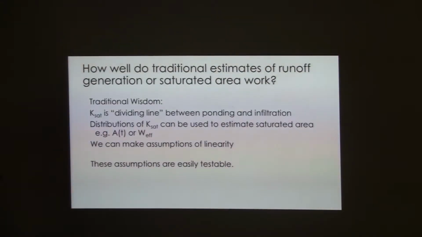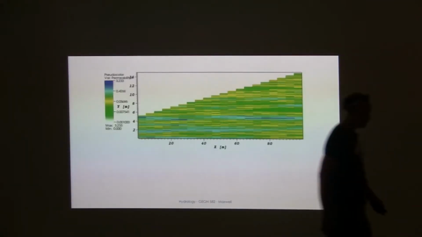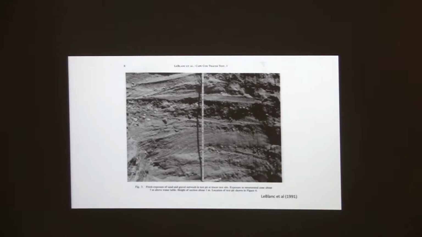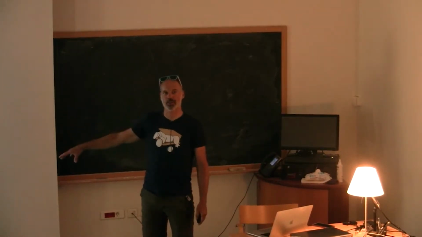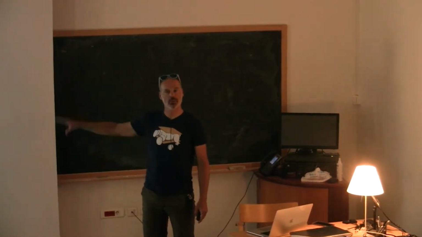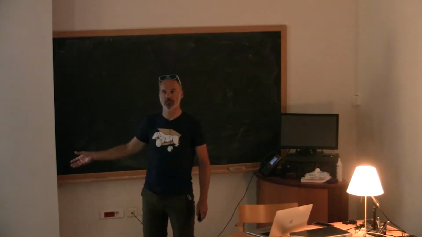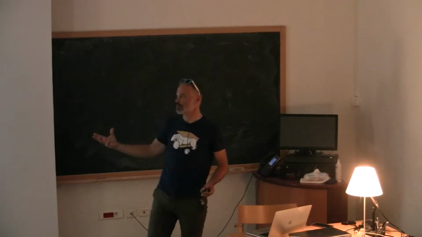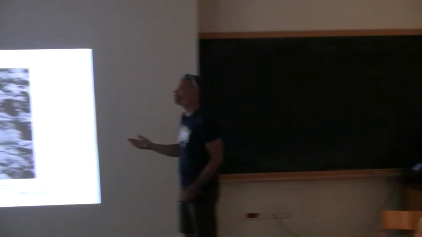Because most hydrologists walk through a lot of the theory, go out in the field, see something like this, and say, I'm out. I give up. This is way too complicated. I'm never going to represent this much heterogeneity. We're never going to be able to model this. So we have to come up with another way. We have to come up with a large-scale approximation, or we have to calibrate effective parameters, or do something else.